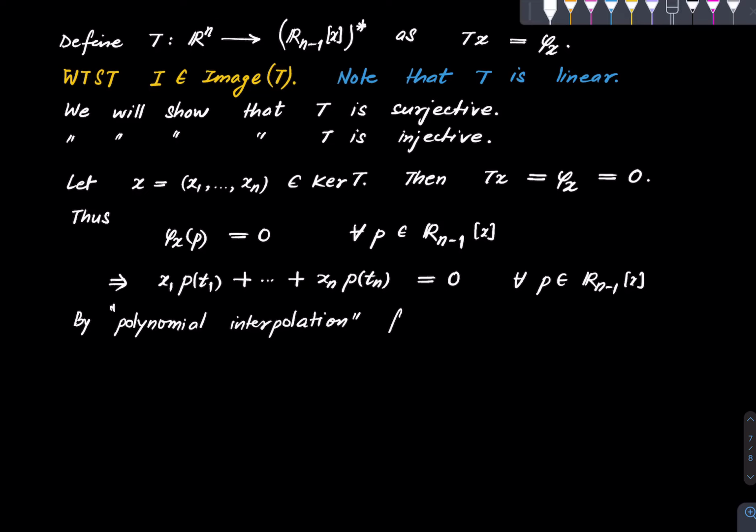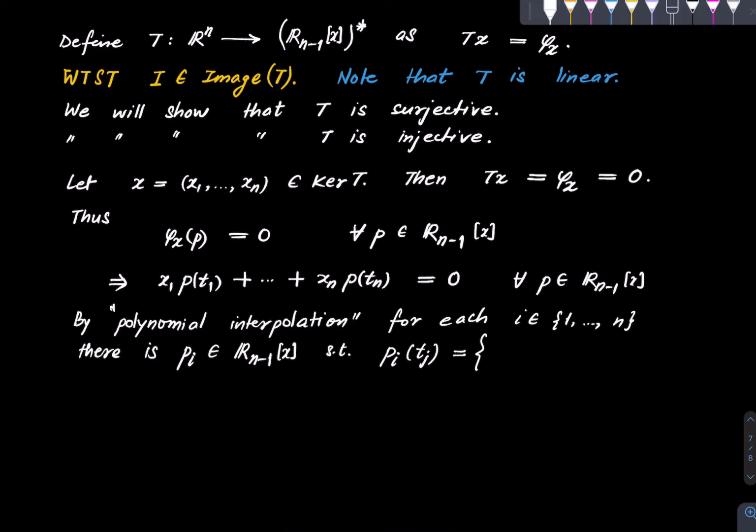For each i, there is a polynomial pi in the space such that pi at tj takes the value 1 if i equals j and 0 otherwise. So that's immediate from polynomial interpolation.